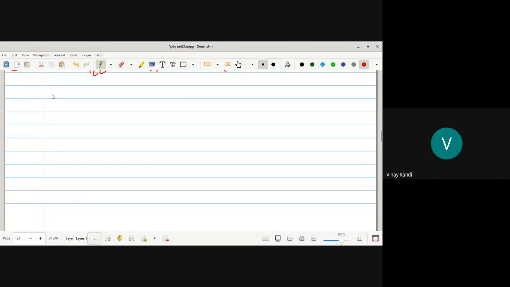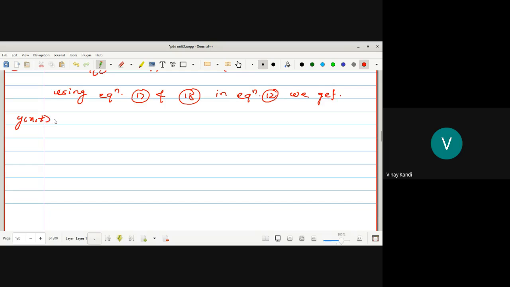So that is using equation 17 and 18. Okay, in equation 12 we get y as a function of x, t is equal to summation n running from 1 to infinity un sin n pi x upon L into cos n pi ct upon L. Okay, this is the value of u of x minus ct and u of x plus ct.